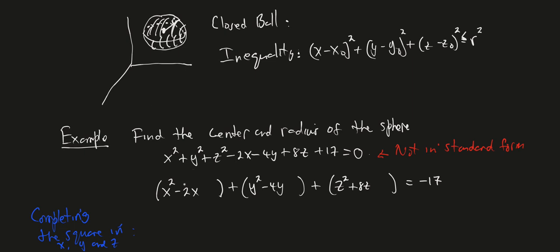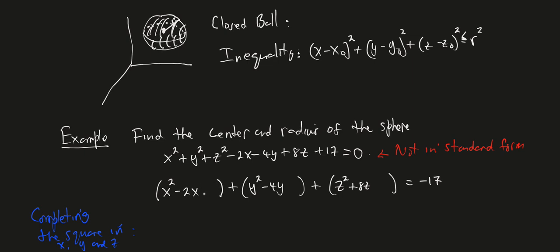Now, the general procedure, and again, I'm not going to go through the full completing the square process, but once you have your trinomial where the leading coefficient is 1, which we have for all 3 of these, you take half of the coefficient of x and square it.